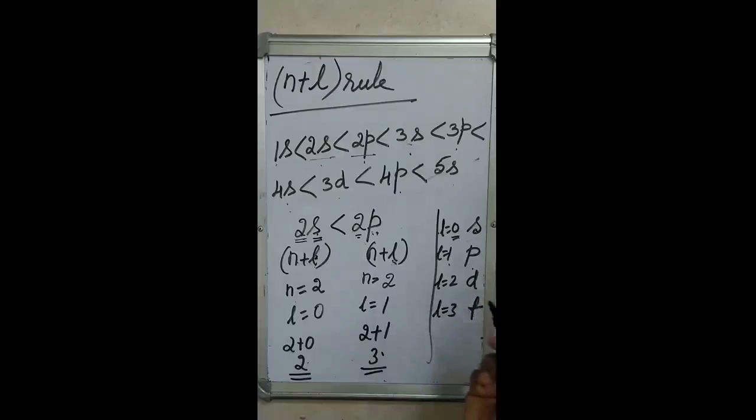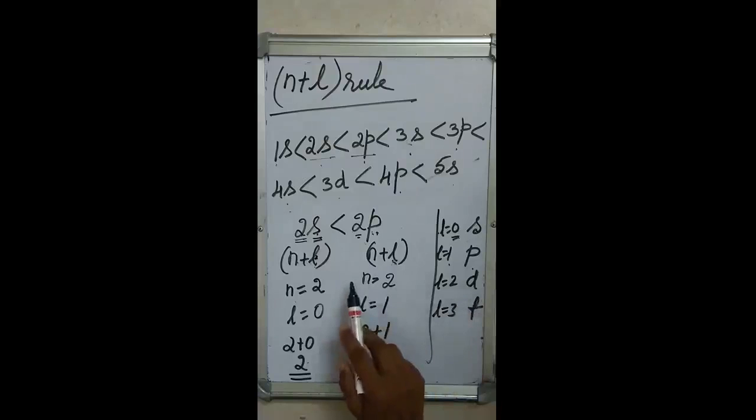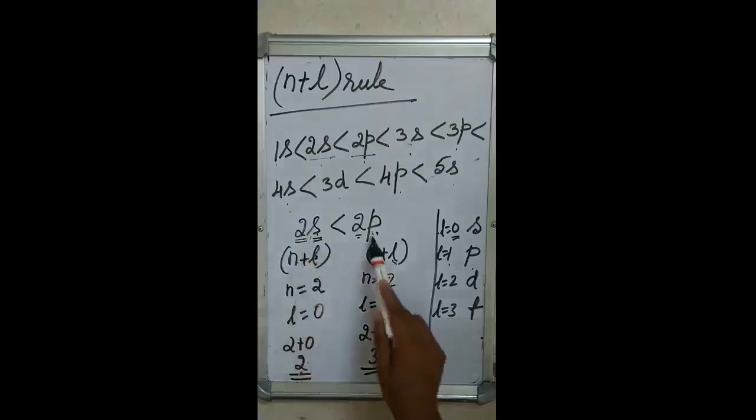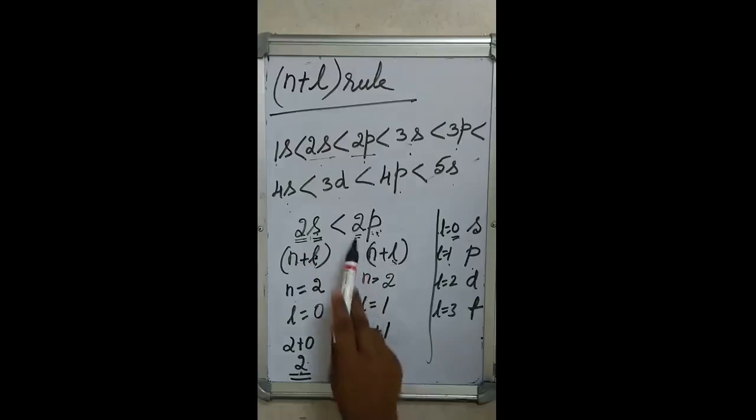In this case, 2s and 2p: the n plus L value for 2s is 2, and for 2p it is 3. So 2p has a higher energy.